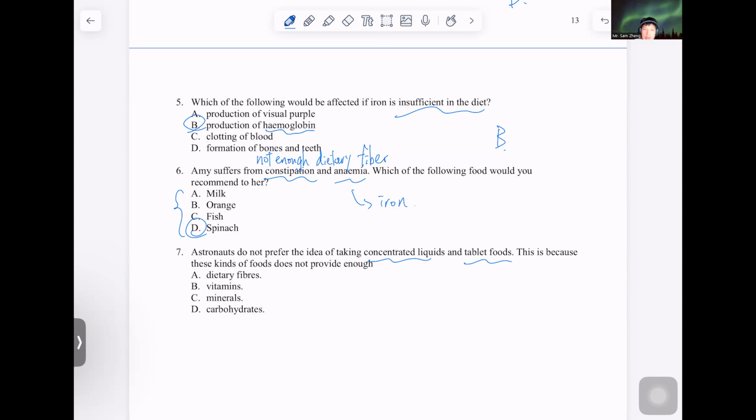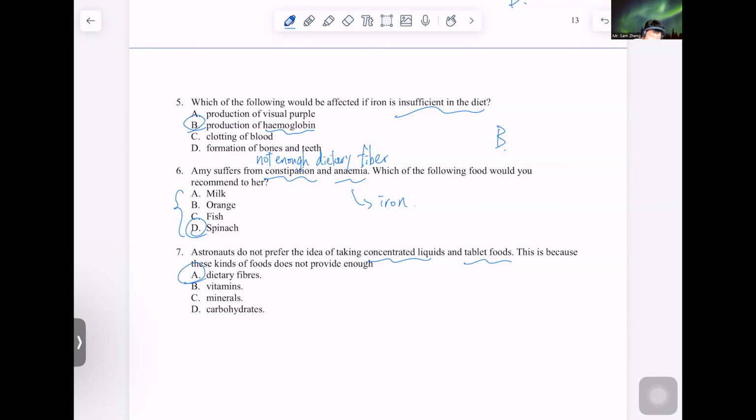By looking at it, we will notice that we turn the vegetables into concentrated vegetable juice, and in this case we remove all the insoluble dietary fiber.